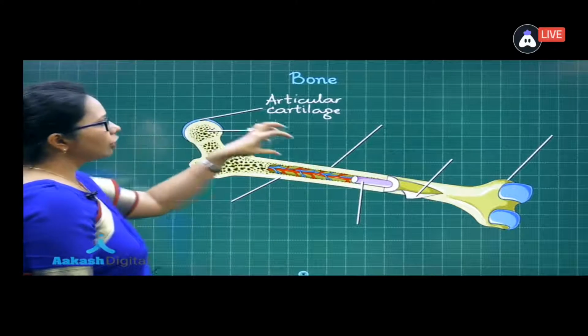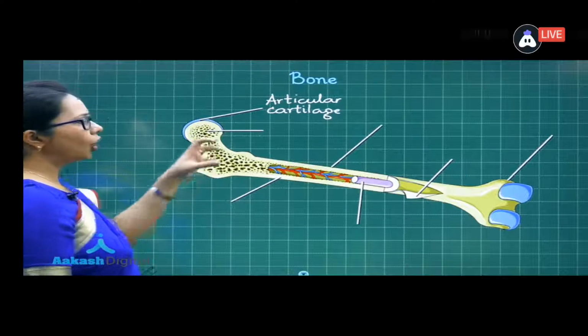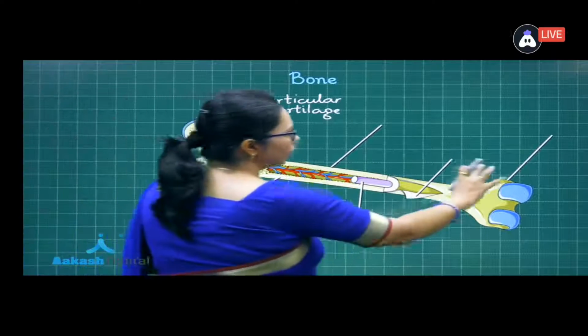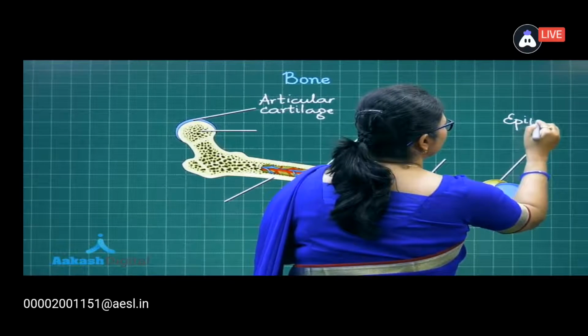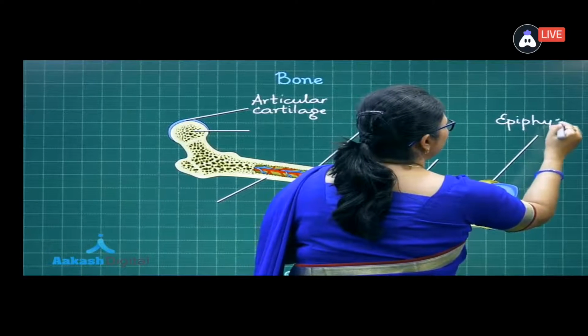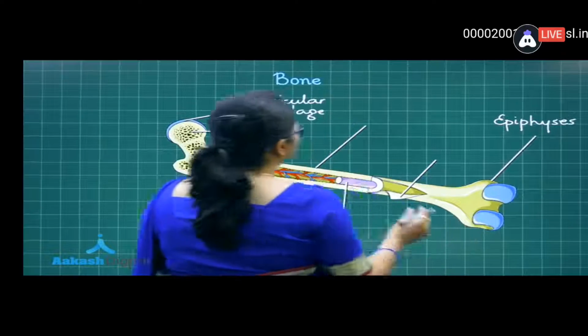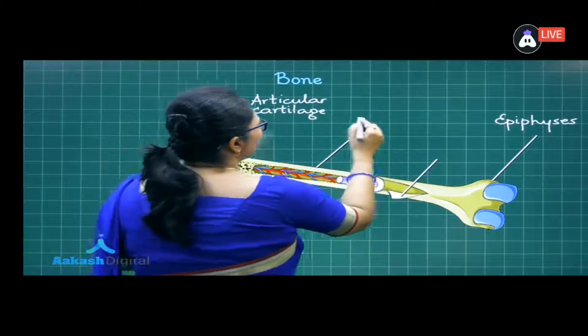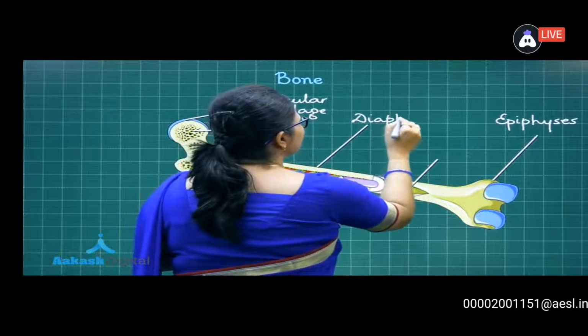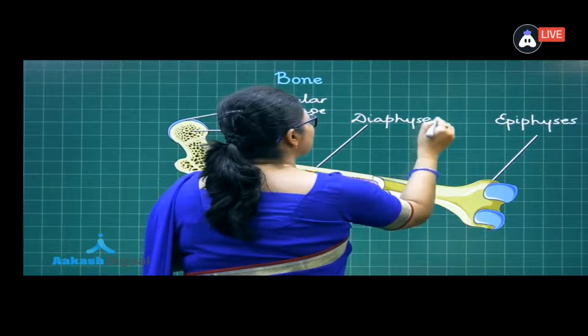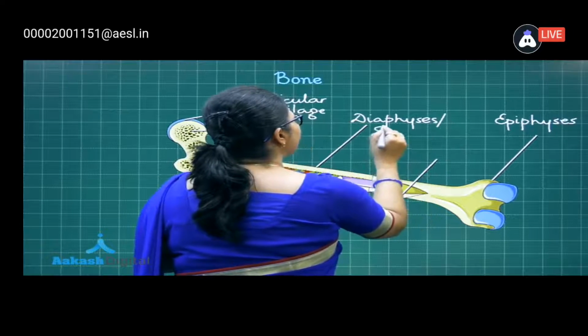Then the ends of the long bones are called the epiphyses. So here this end we can mark as epiphysis, while the middle part is called the diaphysis or the shaft.